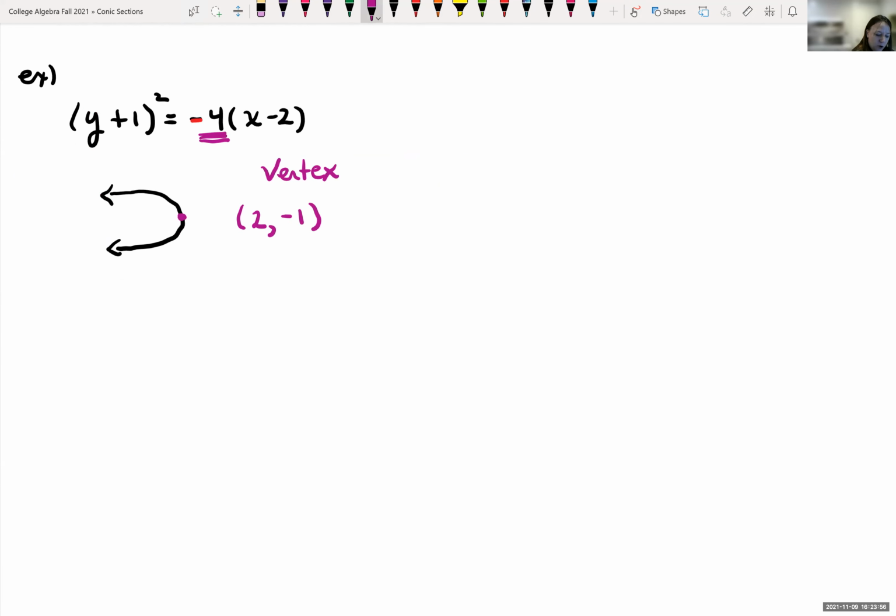I can figure out what A is by dividing both sides by -4, and I get that A equals 1. So I know I need to add 1 to my x value and subtract 1 from my x value to get these points.